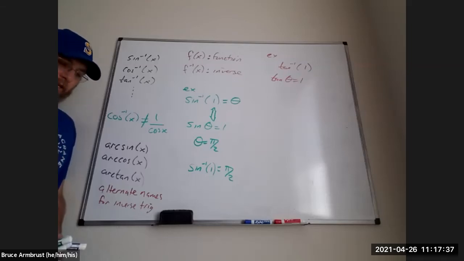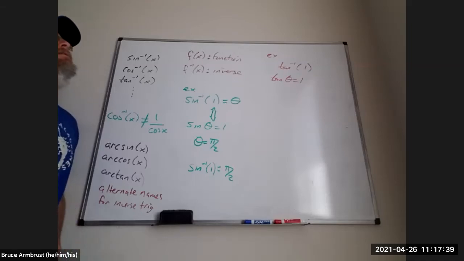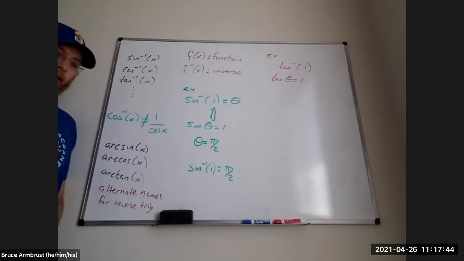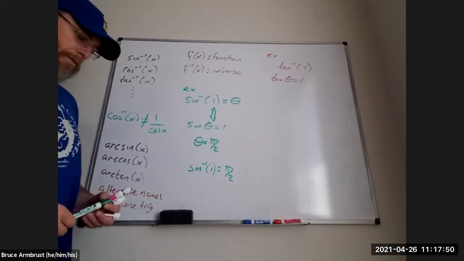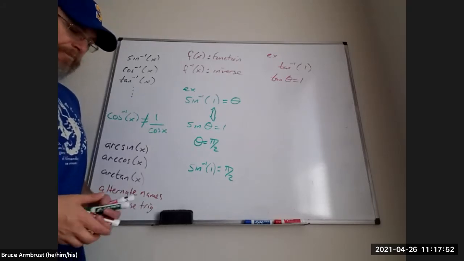All right, so I want you to look at your chart and tell me an angle whose tangent is 1. And let's go radians. Pi over 4. All right, cool. So pi over 4.